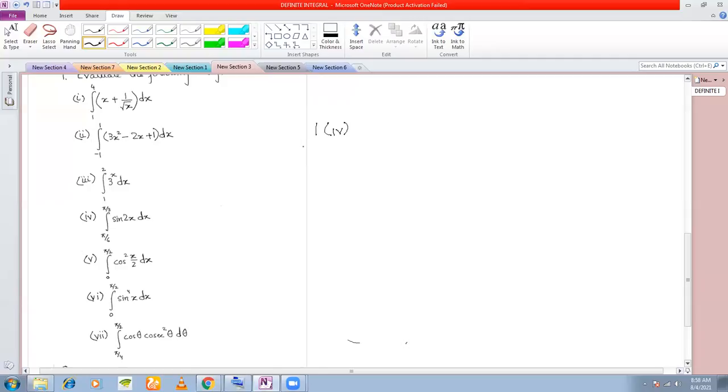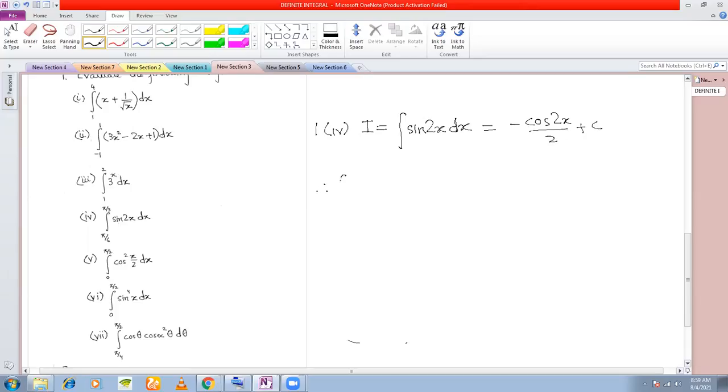You have integration of pi by 6 to pi by 3 sine 2x. Again, evaluate it as an indefinite integral first. Integral sine 2x dx is equal to, the integration of sine is cos with a minus sign. So minus cos 2x by 2 plus c.